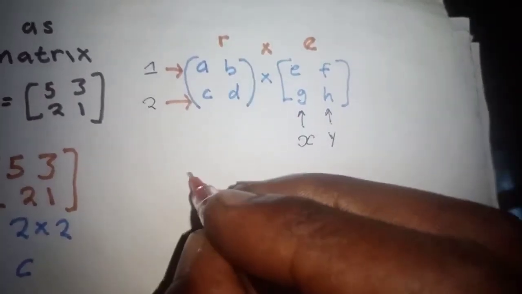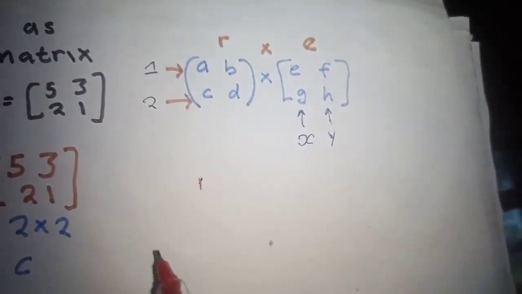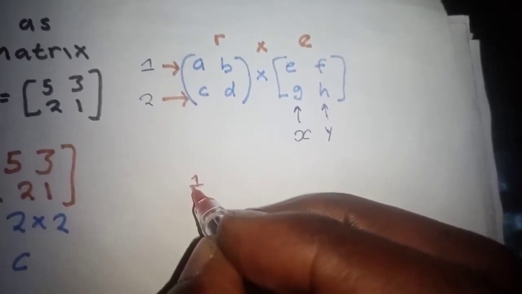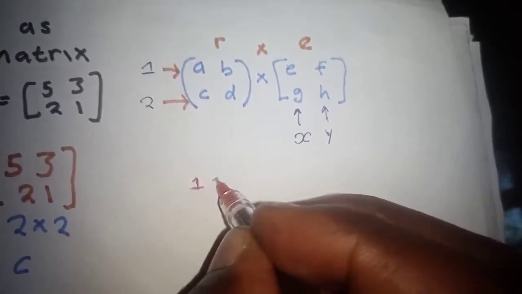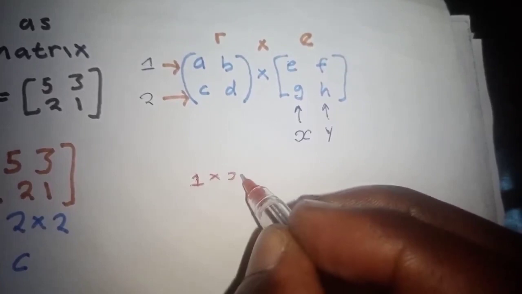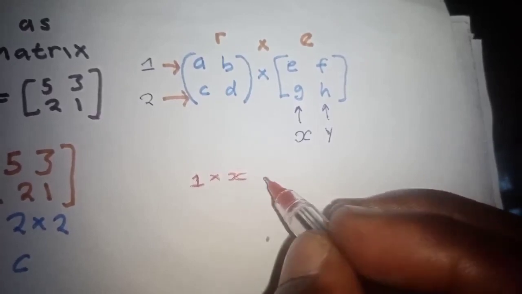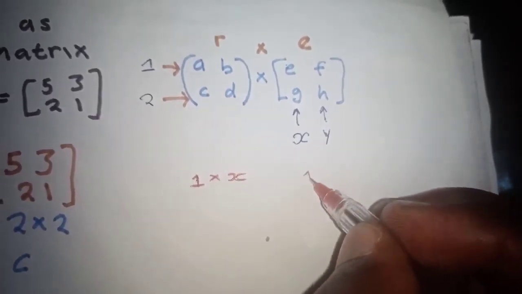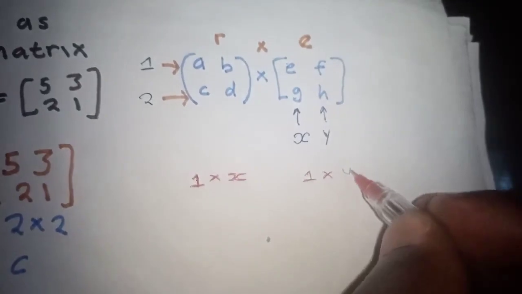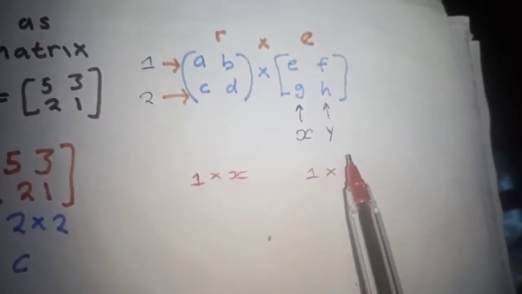Row number 1 will multiply with column X. Then again, row number 1, which is AB, will multiply with column Y. So row number 1 is multiplied with column X, and again with column Y. We'll see how you do that.